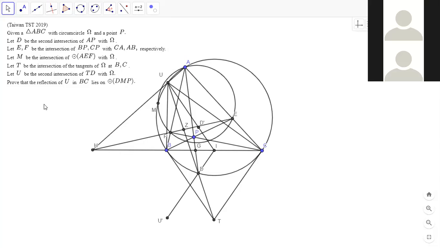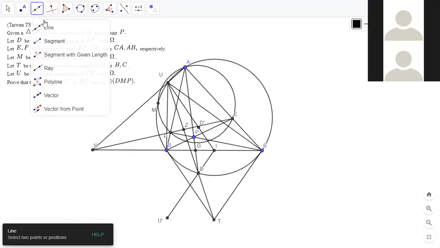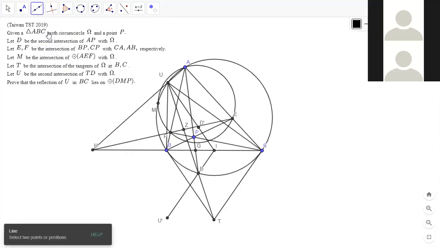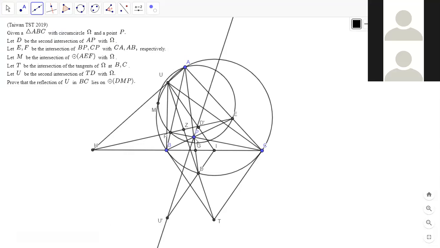I wonder if U prime, P, and D prime are collinear. No. So what if we take DM and P and we reflect them all over BC?